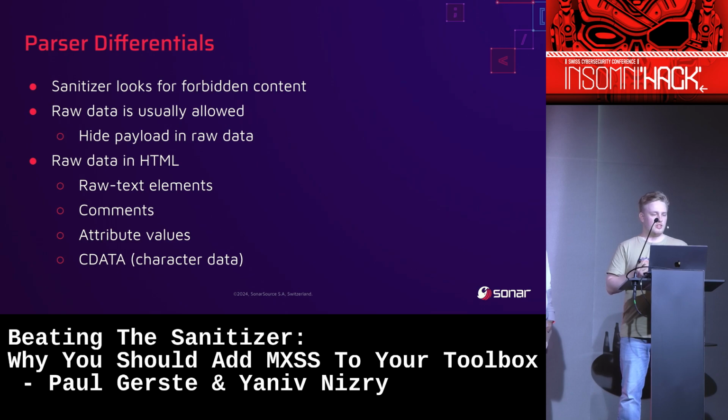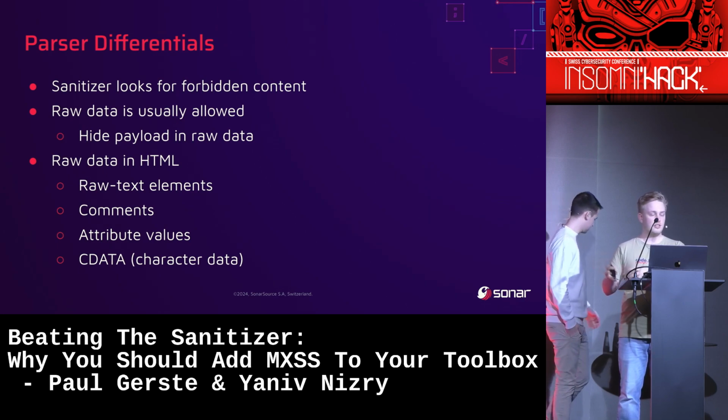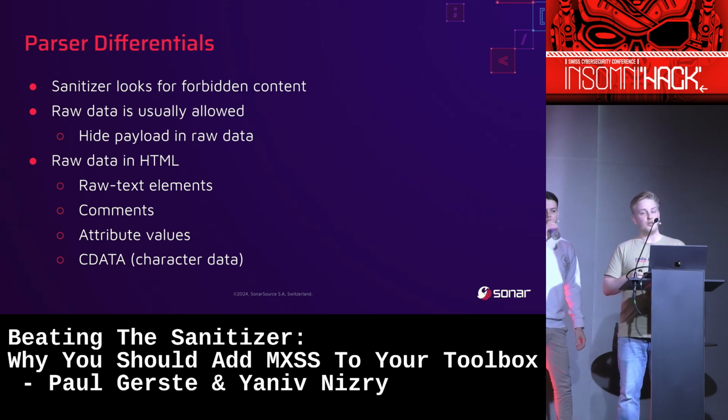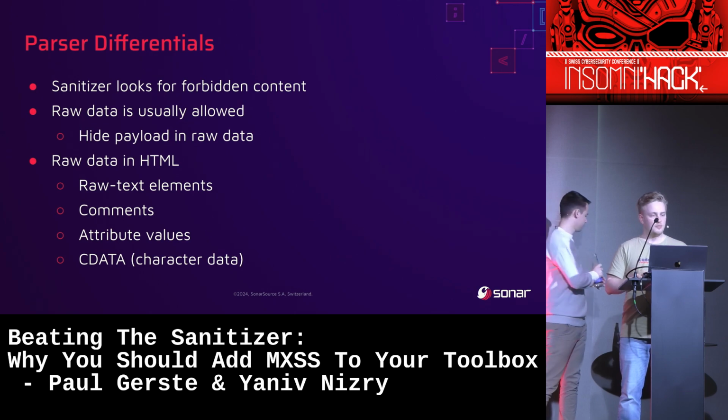So what does an attacker want to do if they find a parser differential? Again, sanitizers look for forbidden content, and one thing they usually never touch is raw data, because it's just raw data. It's not an HTML element, it's not JavaScript, so why should they throw it out? So it's the ideal place for an attacker to put their payload into, and then if they find a differential where maybe the renderer handles it differently than the sanitizer, maybe this hidden payload is not raw data anymore, but maybe an element.